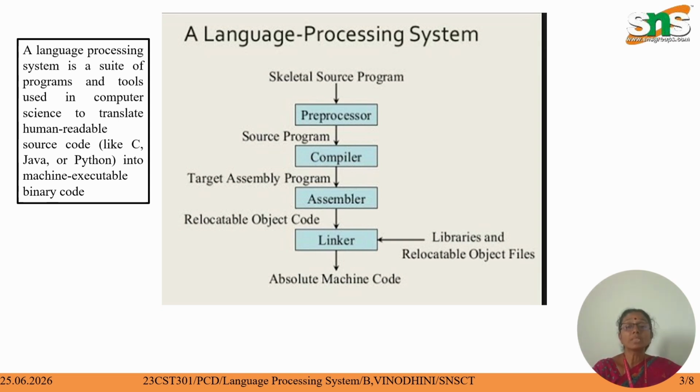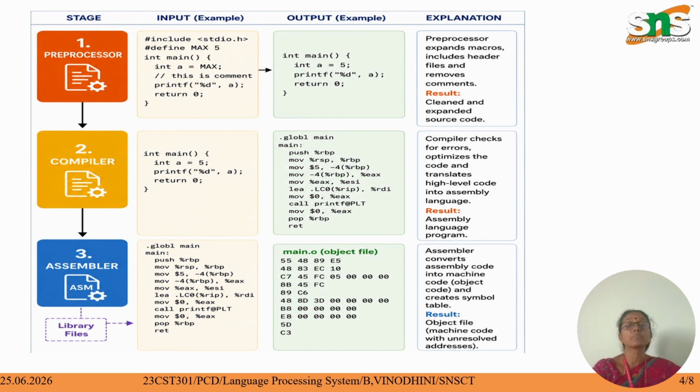So that is the functionality of the translators: preprocessor, compiler, assembler, linker and loader. The language processing system uses these translators to convert our high-level language program into the machine-level language program. Already I said we have five translators to convert high-level to machine-level language.